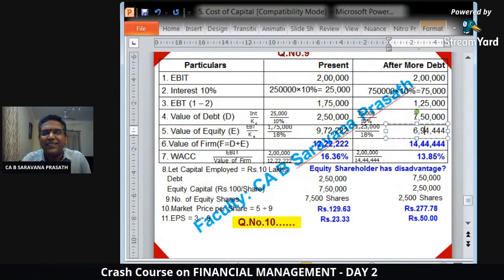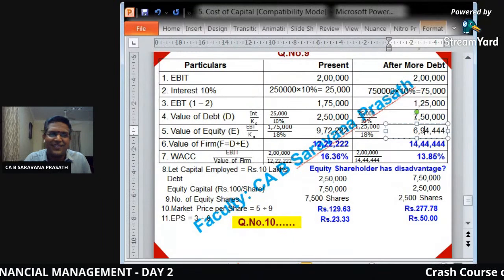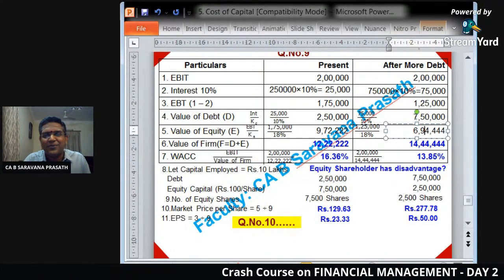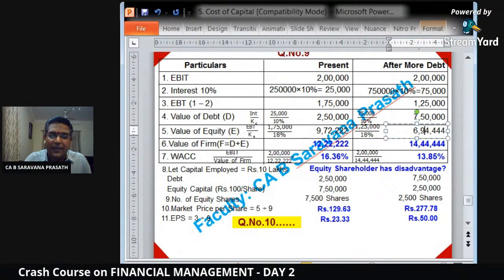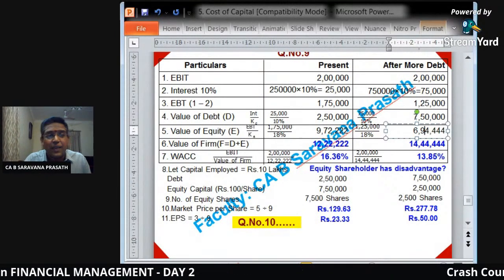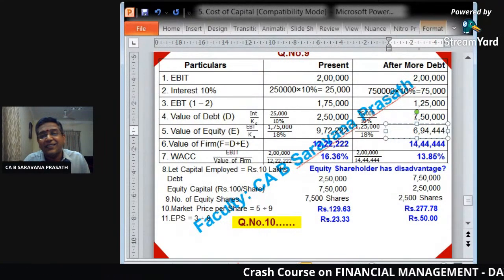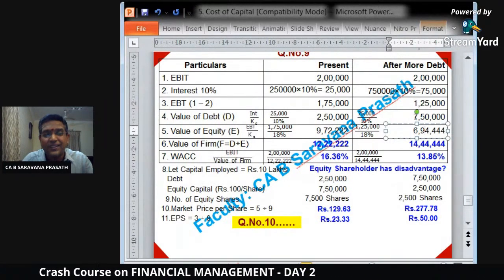So with that, we will conclude today's session. We have discussed enough in relation to the various costs of capital: debt, preference, equity, and all that. We have learned something in connection with three types of principles under EPS.